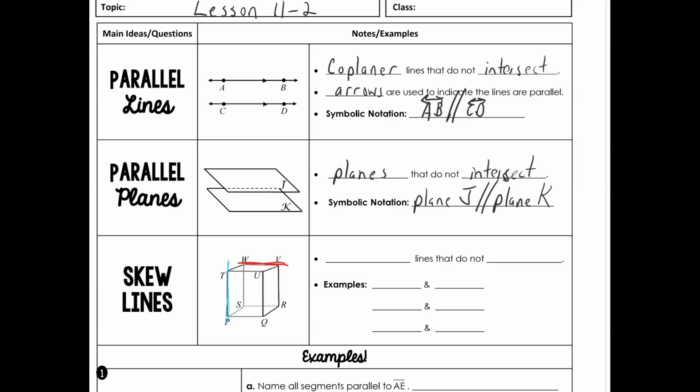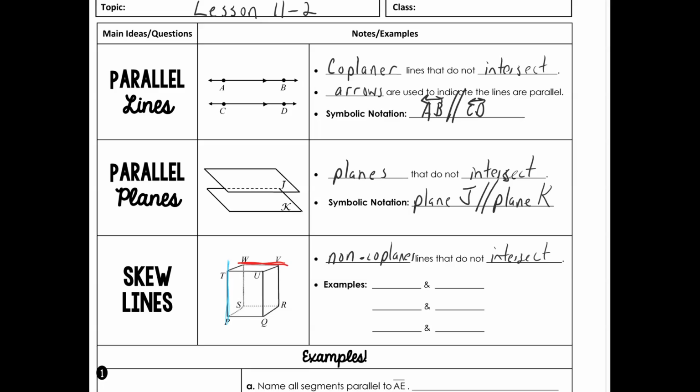So these are, they're not coplanar, and there's no way that you can draw the red line and the blue line in a single plane. So these are actually non-coplanar lines that do not intersect. And some examples of pairs of skew lines would be like the two that I drew, so WV and TP.